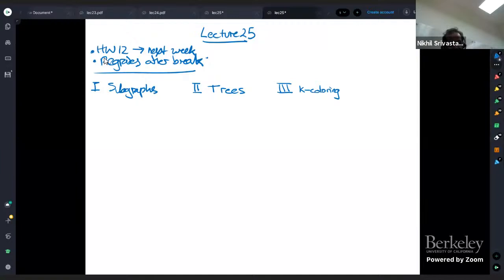So let me start by talking about subgraphs. So far, we've just looked at one graph at a time, right? So if you have a graph, then it's just a set of vertices and a set of edges. And we're now going to talk about pairs of graphs. And one important way that a pair of graphs can be related is by one being a subgraph of the other.